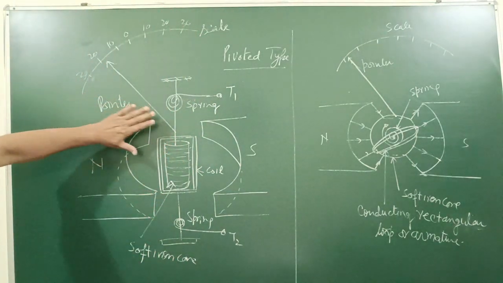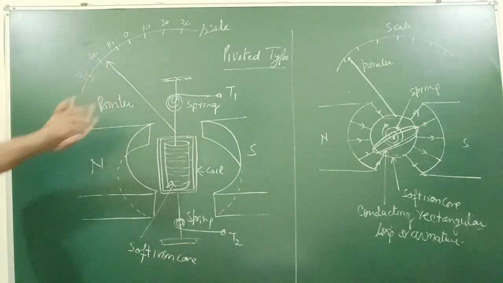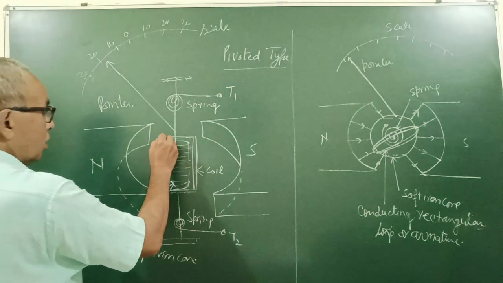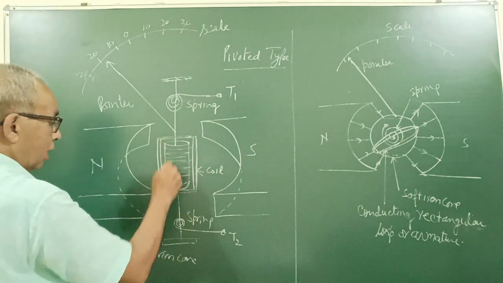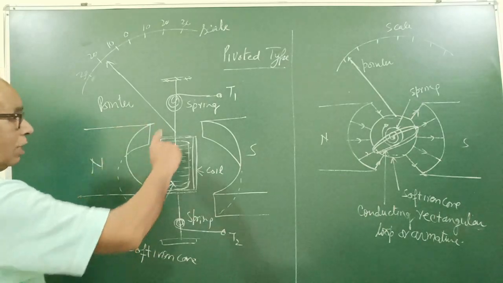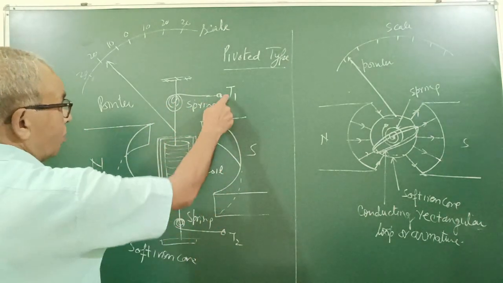Now here it is a pivoted type galvanometer. This is the coil, and inside is the concave-shaped core. These are two springs and two terminals.